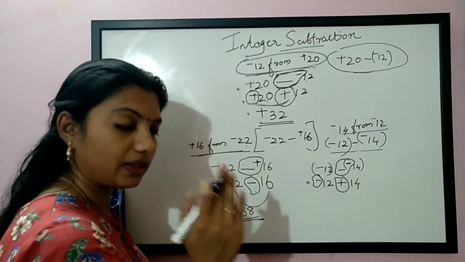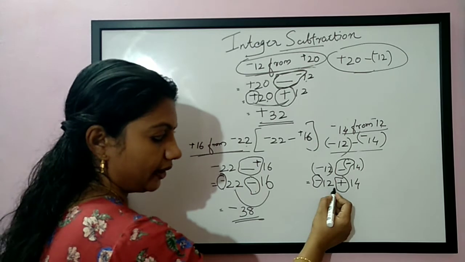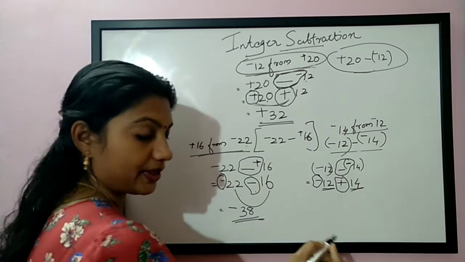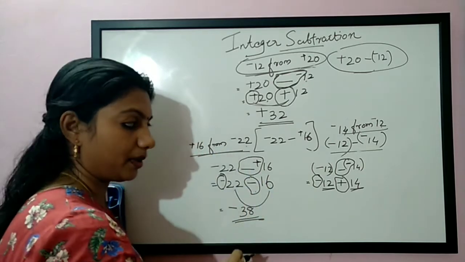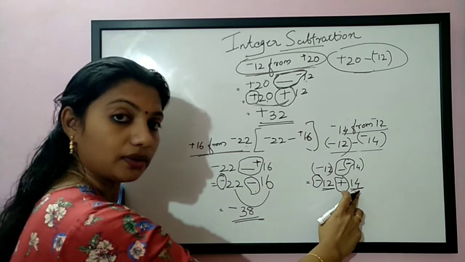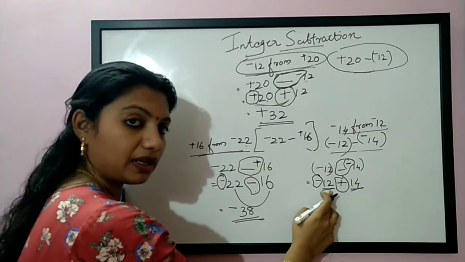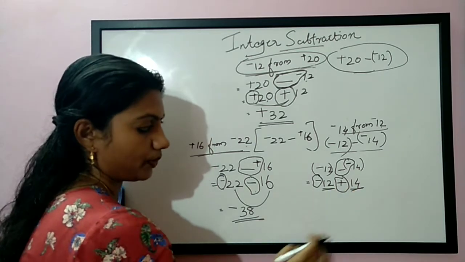Now if you have different symbols coming like this, you will be looking at the numbers, just the numbers, and which is the bigger number. You identify the bigger number. Here I have 12 and 14. So which is bigger? 14. So 14 is the bigger number out of these two.